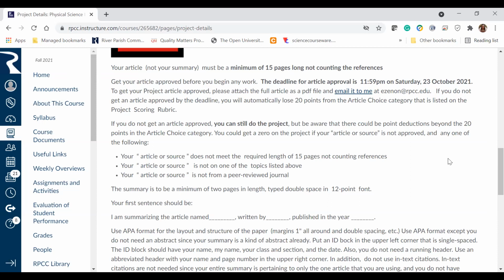Because in essence, if you didn't get an article approved and you do the project, you're taking a chance, because you really don't know if that article is acceptable.